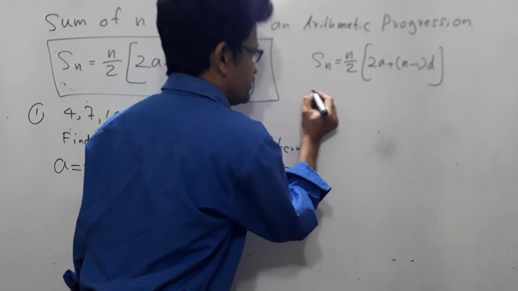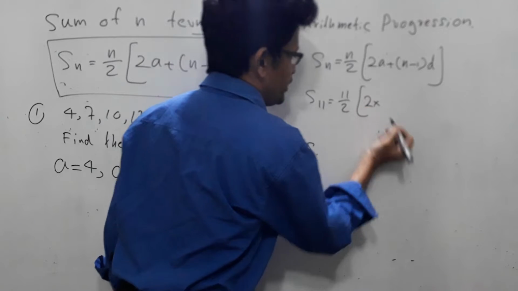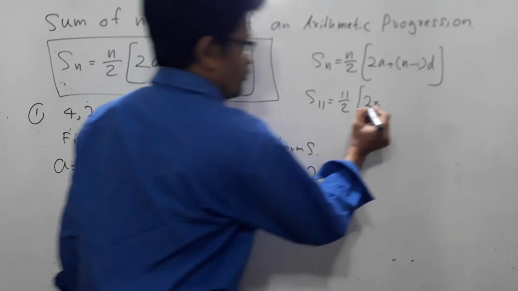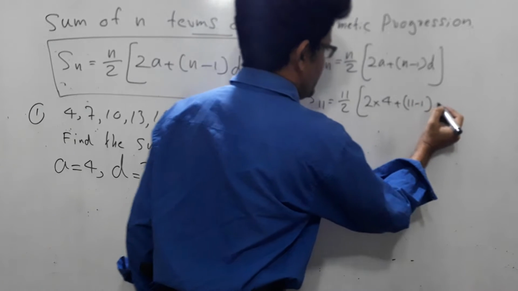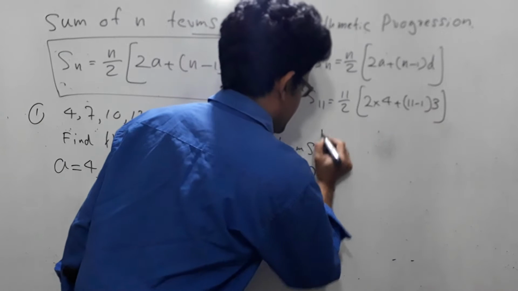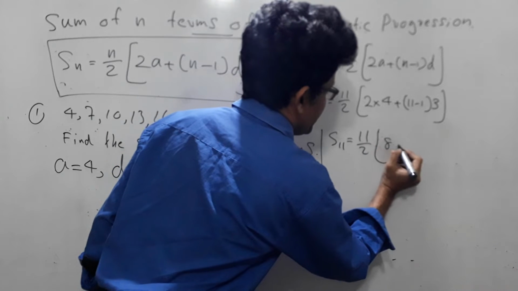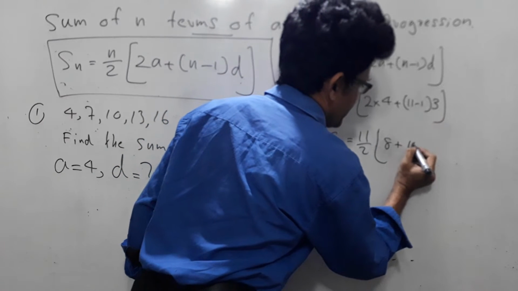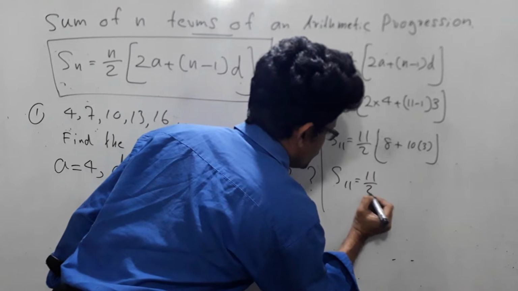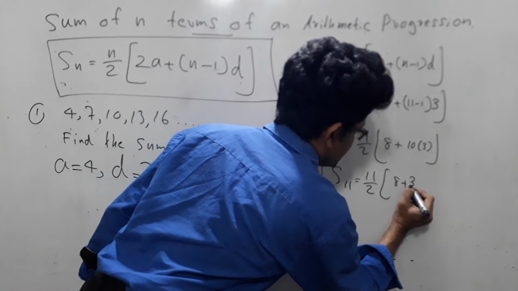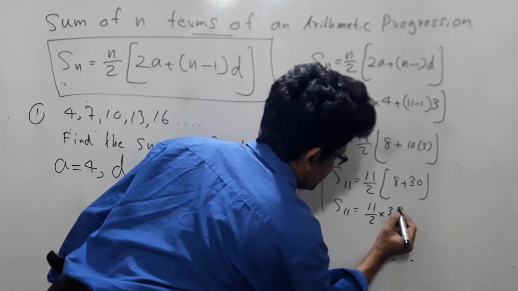Then we write n equals 11. S11 equals 11 over 2 bracket 2 into a, a equals 4, plus 11 minus 1, d equals 3. 2 into 4 is 8, plus 11 minus 1 is 10, 10 into 3. That means S11 equals 11 over 2 bracket 8 plus 30, so S11 equals 11 over 2 into 38.